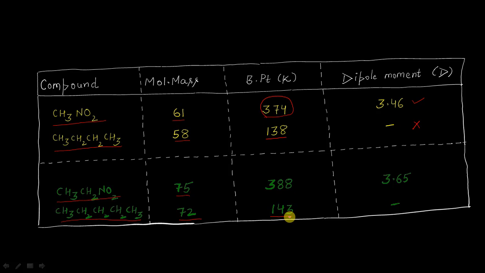The nitroethane is showing a boiling point as high as 388 Kelvin, and once again it is only because the nitro compounds have high dipole moments. So in conclusion, we can say, as compared to the hydrocarbons, the nitro compounds always have high boiling points because they have high dipole moments. And this is only because of the dipole-dipole type of interactions which exist between their molecules.